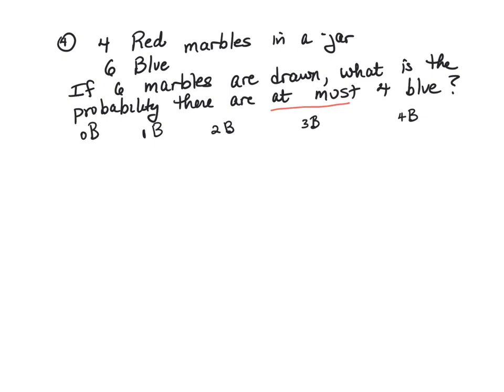Shouldn't forget that. So at most 4 would represent these probabilities. And because any one of these would work, we have that magical word or, and we add. So try this by yourself using combinations and restart the video.